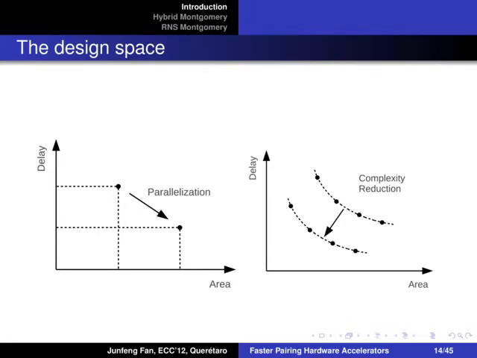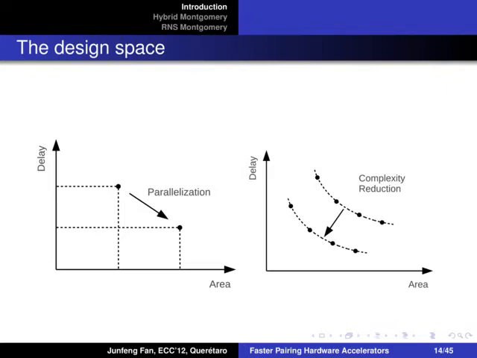So for hardware designers, this is what we normally use to illustrate the optimization of a design, right? We have area and we have latency, as discussed in the previous talk. The software implementations only have one number, so they cannot make such a beautiful graph. So basically, parallelization means that you move your design from this spot to this spot, right?